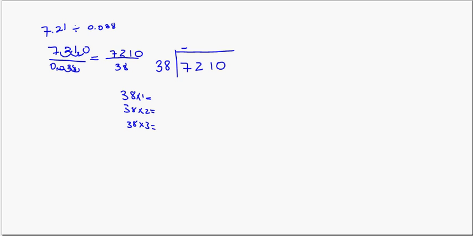So 38 by 1 is 38. 38 by 2 is 76. And 38 by 3 is 114. So you can double check it. Right, so that's correct.